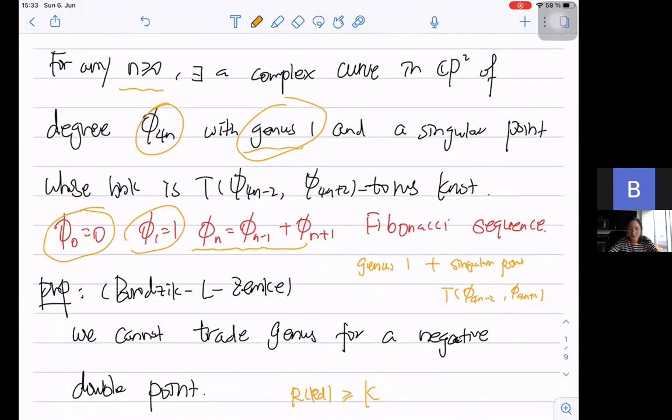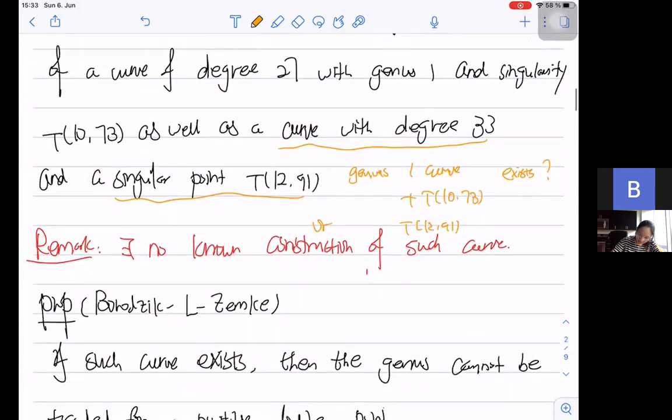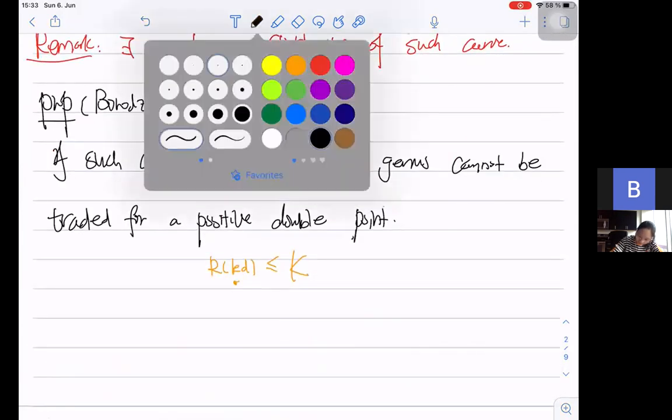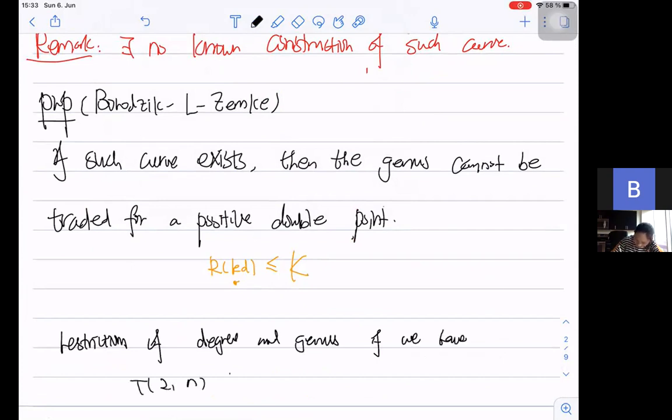I think there are also some other questions one can ask. Is trying to find the restrictions of degree and genus if we have T2 link of singularity.